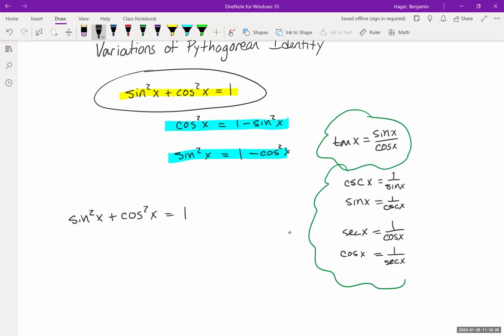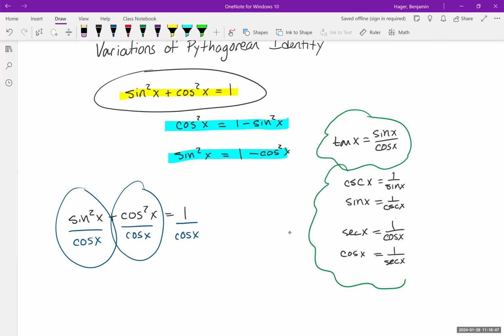Well, that means if I were to get a cosine under here, I'd be looking at secant. And I could do that. I could divide both sides by cosine, as long as I divide everything by cosine. But if you look at the left, it's not going to clean up too nicely. Nothing's going to simplify here, and here you're going to be left with a cosine. So it is an identity, just maybe not that helpful.